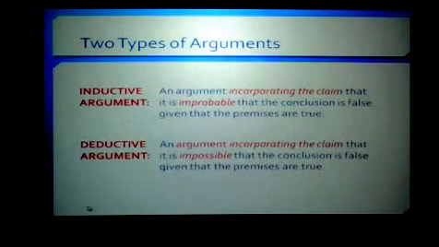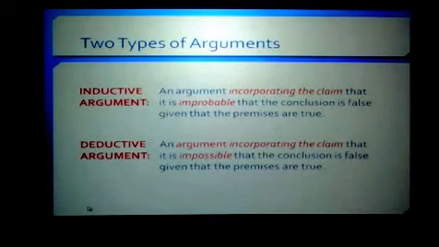Furthermore, we have incorporating a claim that it is improbable that the conclusion is false given that the premises are true. This claim of improbability tracks the idea that for inductive reasoning, the intent of the author is that the premises, if they were true, would support the conclusion probably being true.